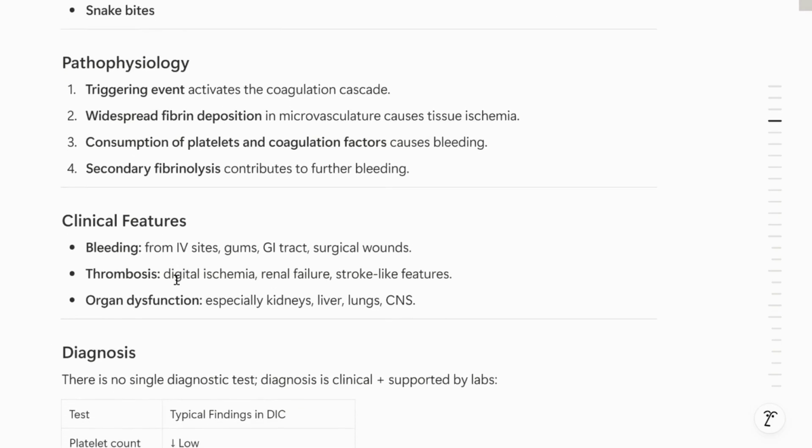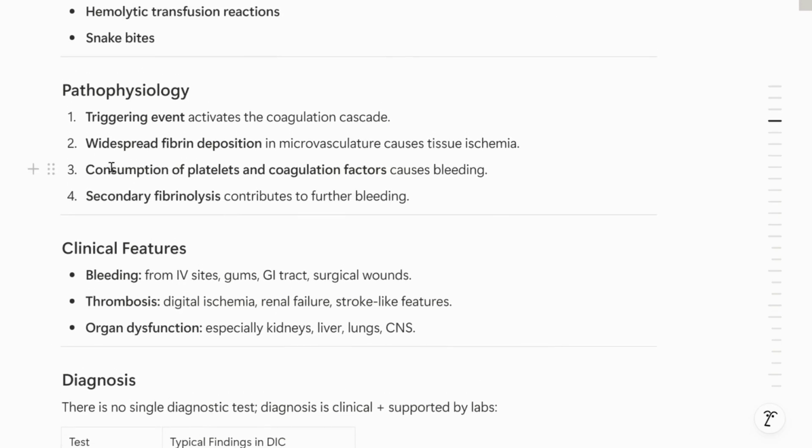In terms of the pathophysiology, any of these etiologies will act as a triggering event and activate the coagulation cascade. Once the coagulation cascade is activated, there will be widespread fibrin deposition, that is factor 1, and as a result, there will be microvasculature occlusion resulting in tissue ischemia. Now, on one end, there is formation of clots, and on the other end, there will be breakage of these clots.